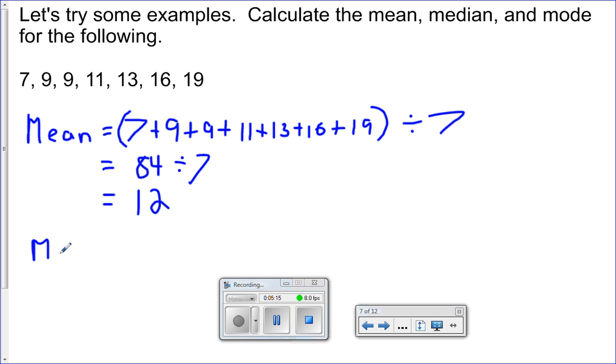Okay, the median is the number that shows up in the middle. Because I've got an odd number of numbers, 11 is clearly in the middle. So 11 is my median.